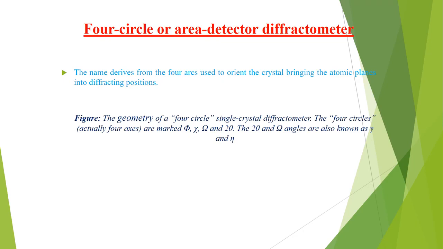The 2 theta and omega angles are known as gamma and eta, a notation we will often employ in the remainder to avoid clutter and confusion with other symbols, for example, the solid angles.